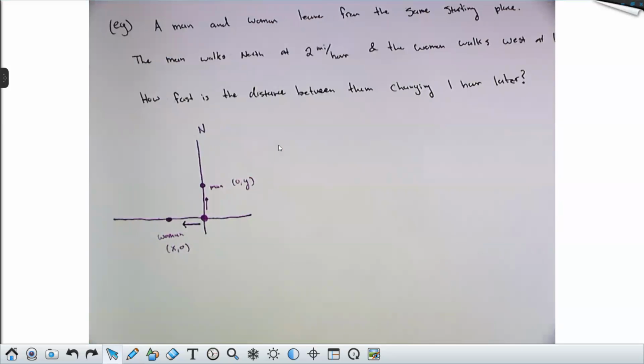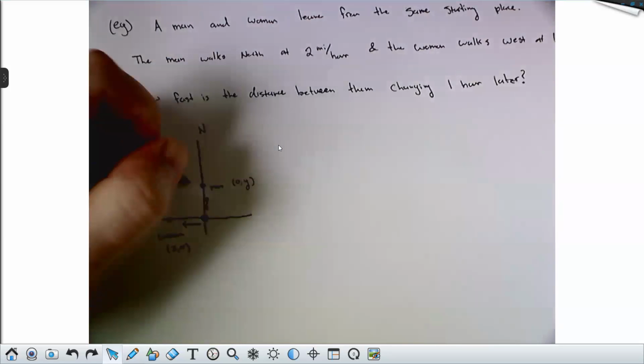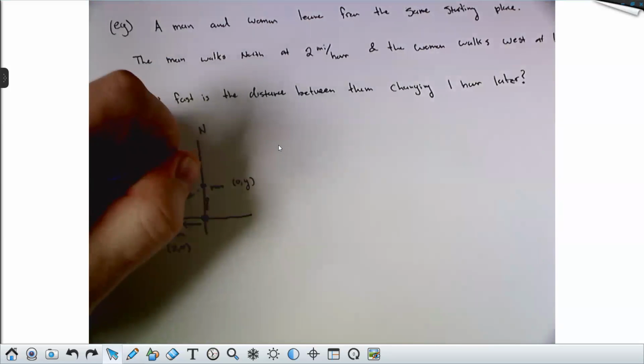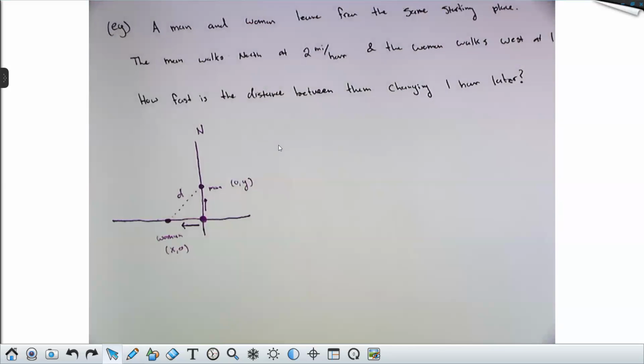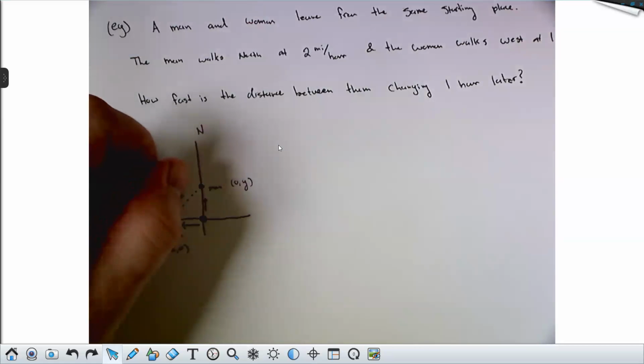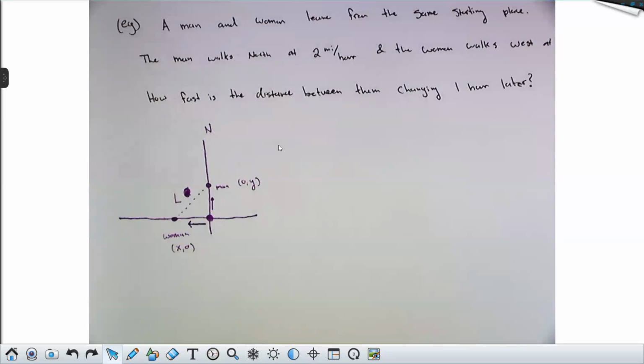The straight line distance between them is this. Actually, little d is a bad thing to use for distance here because we're going to be using Leibniz notation for derivatives. Let me call it L instead.